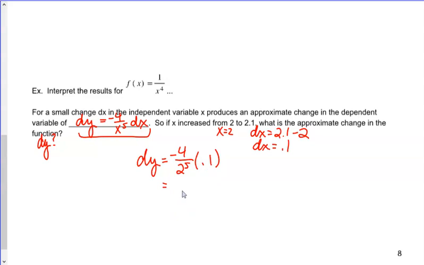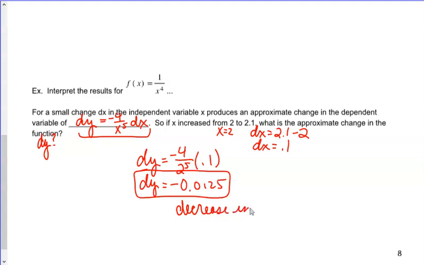When I do that, 4 over 32 times 0.1, you will get a decimal value of negative 0.0125. So when there is a change in my x value of 0.1, there is a change in the y value of negative 0.0125. That's what we are looking at, and it's a decrease in y because of the negative.